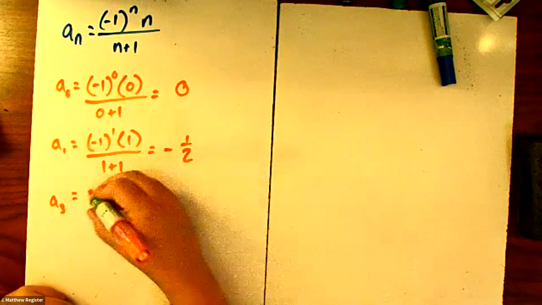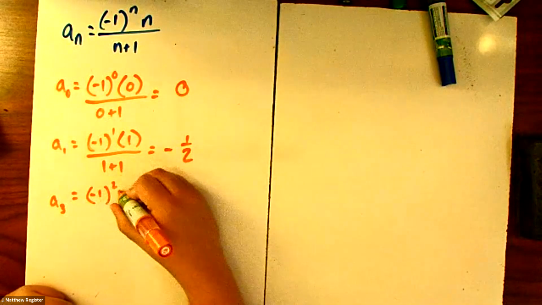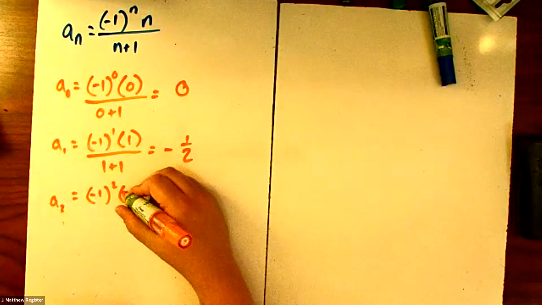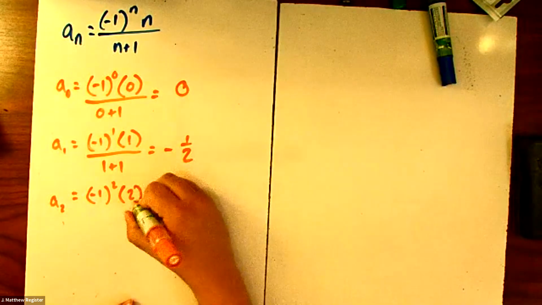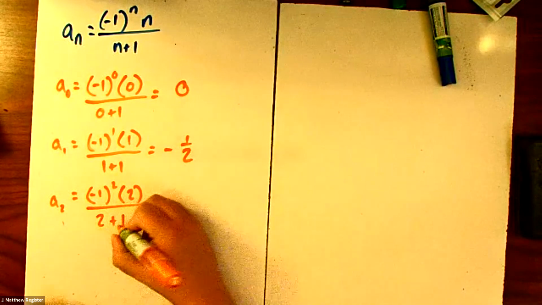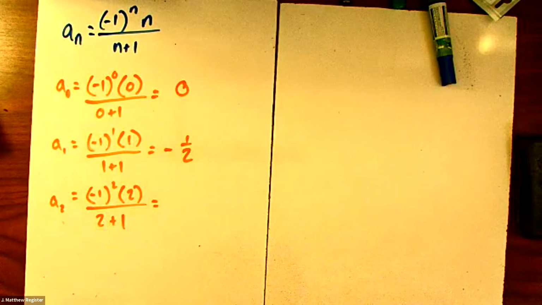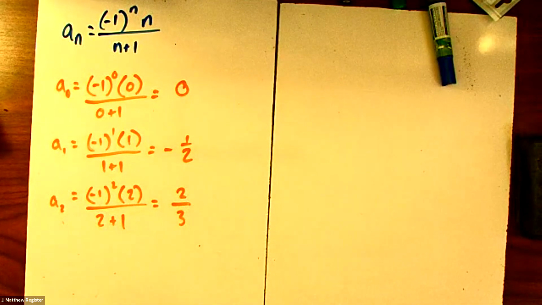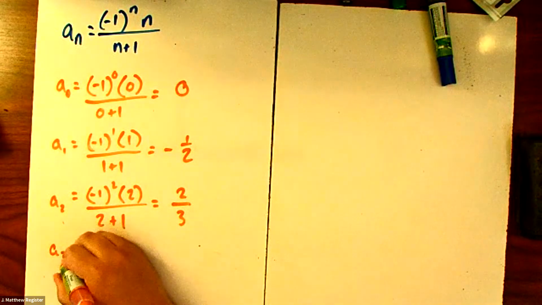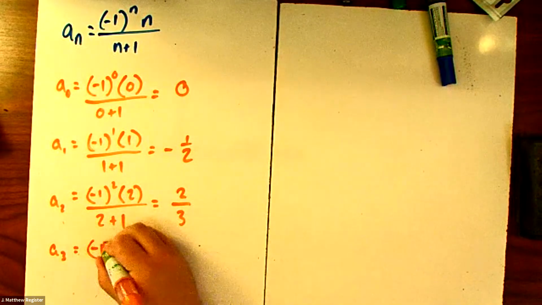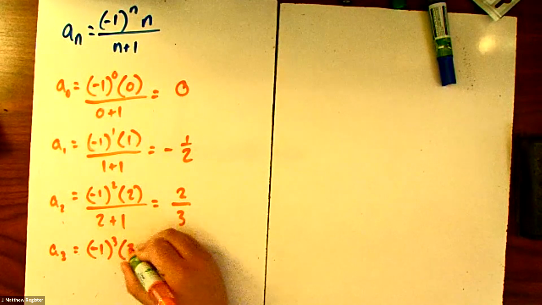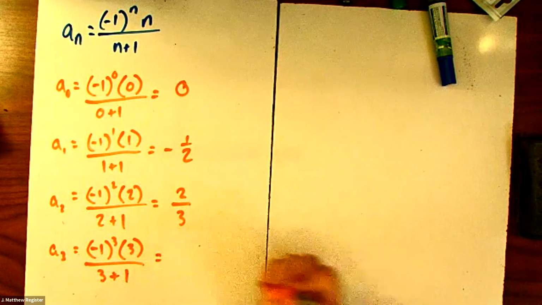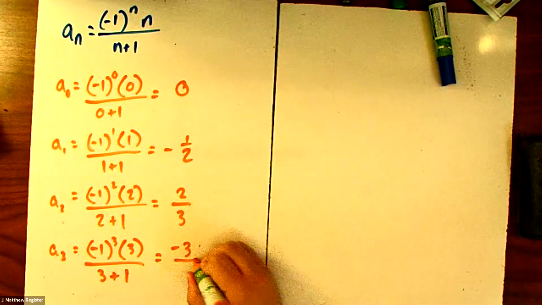Or sorry, a sub 2, we skipped one, is going to be -1 squared times 2 over 2 plus 1, which is going to be equal to 2/3. A sub 3 is -1 cubed times 3 over 3 plus 1, which gives us -3/4.